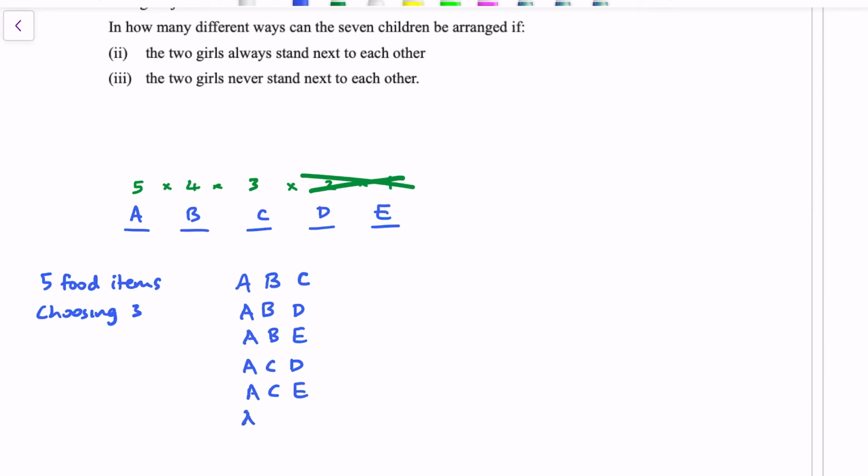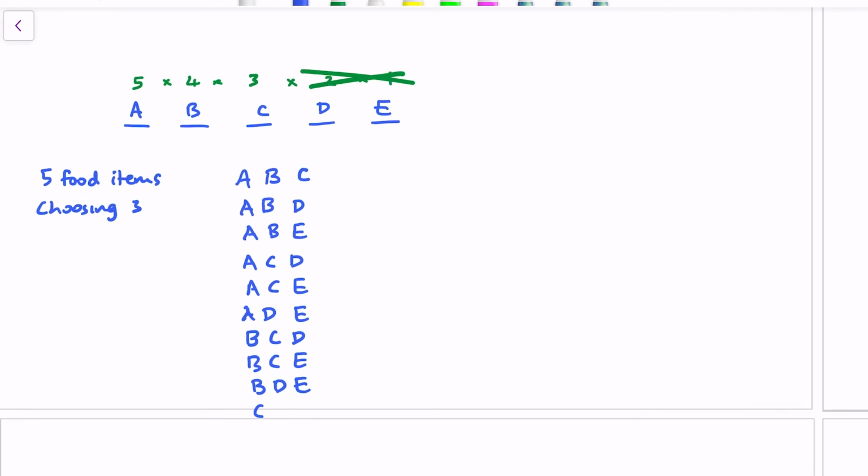Or you might go A, D, E, or you might not pick A first, so you go B, C, D, B, C, E, or B, D, E, or C, D, E, and that's it. So how many have we got there? 1, 2, 3, 4, 5, 6, 7, 8, 9, 10.